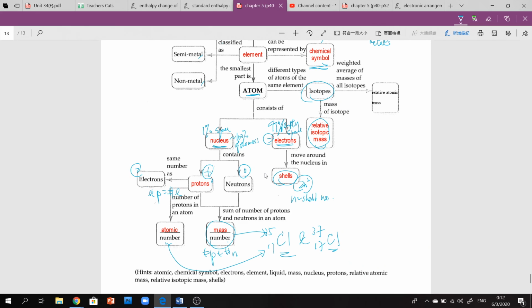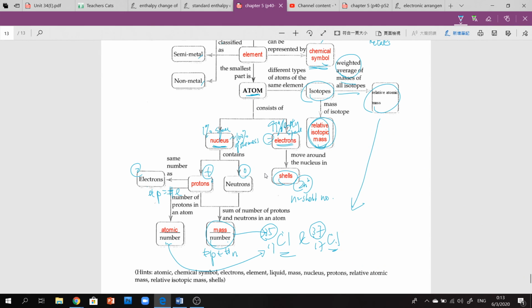For chlorine-35, the relative isotopic mass is 35. For chlorine-37, the relative isotopic mass is 37. Can we get the weighted average of that? Yes, the weighted average mass of all isotopes gives the relative atomic mass.